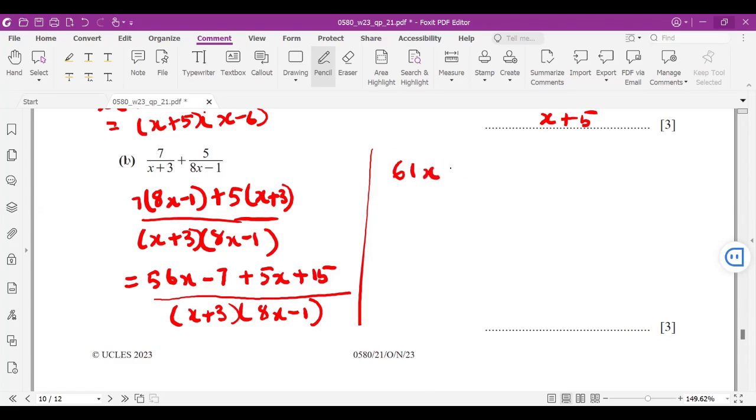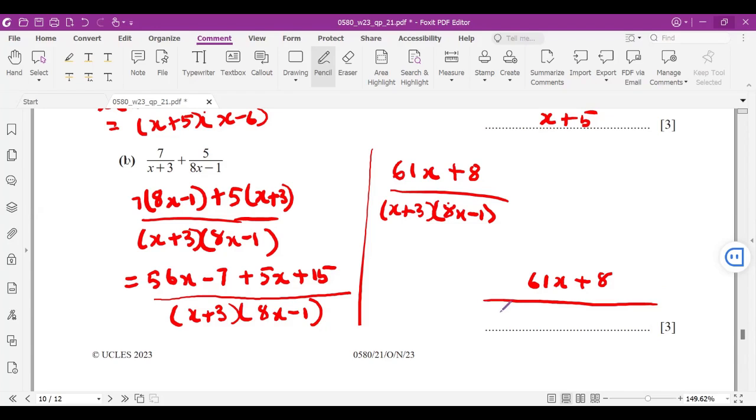Minus 7 plus 15 will give us plus 8 all over x plus 3, 8x minus 1. So we write it here, 61x plus 8 all over x plus 3 into 8x minus 1. So this will be the final answer to this.